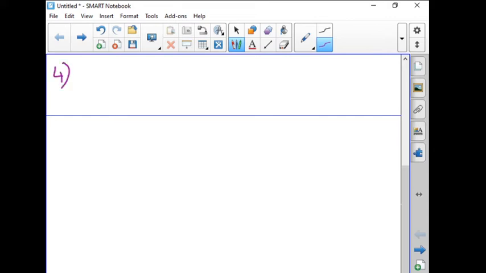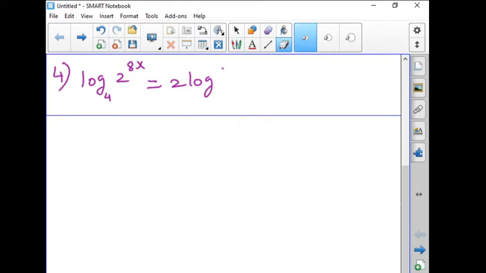Fourth question. Solve log 2 power 8x to the base 4 is equal to 2 log 8 to power log 2 power log 8 to the base 2.